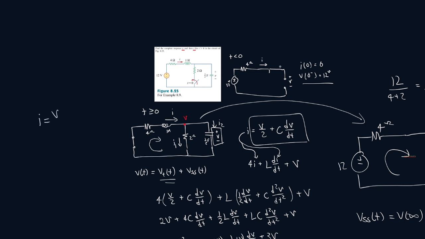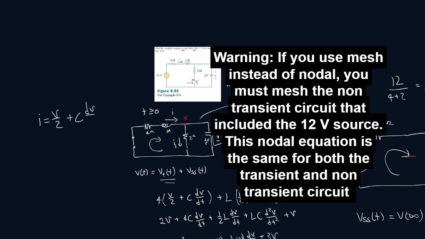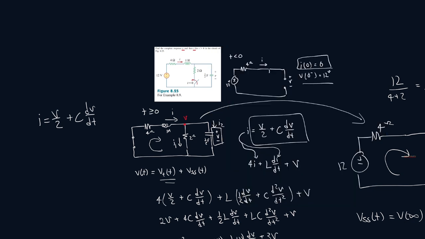I is equal to v over 2 plus c dv over dt. So we know what I is when t is equal to 0. It's going to be this value. And we know what v is going to be. It's going to be this value.